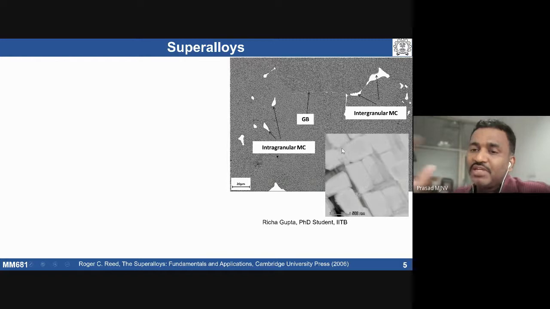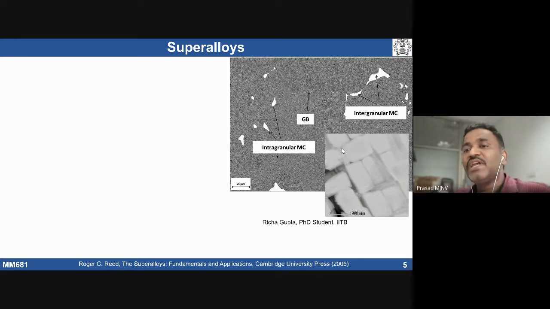So strength typically increases with increasing temperature up to 800, 900 degrees Celsius. Afterwards, it decreases with increasing temperature. That is called an anomaly, a plastic deformation anomaly that we see in superalloys. The term superalloys comes because these alloys contain at least 10 alloying elements.